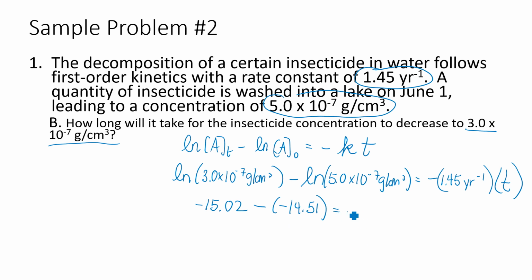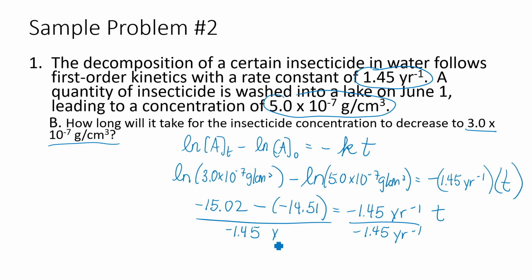Over here, this is negative 1.45 years to the negative 1 times time. If I'm going to rearrange this and solve for time, I'm going to divide both sides by negative 1.45 years to the negative 1. This cancels out, and I'm left with time equal to 0.35 years.